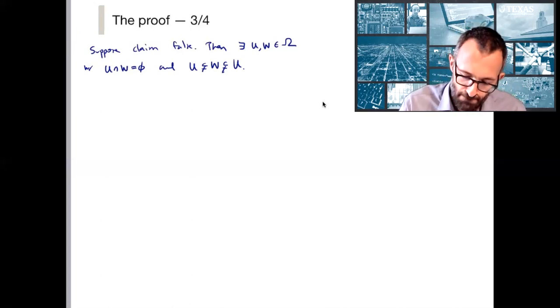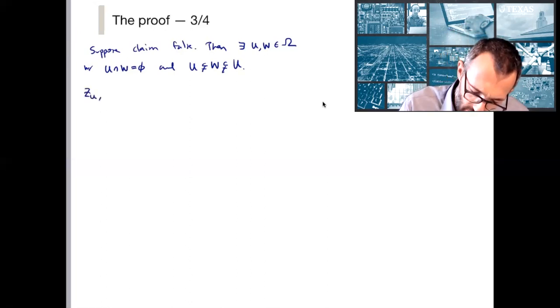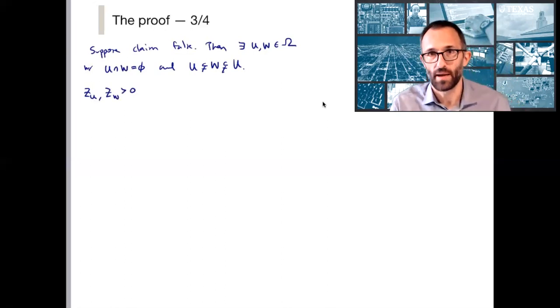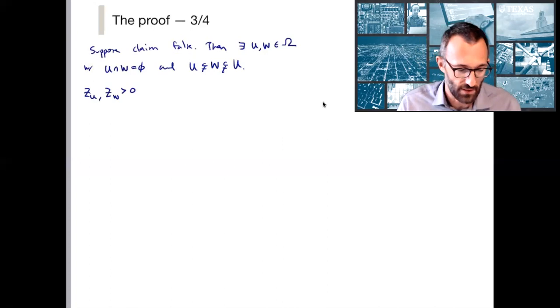So let's go back to complementary slackness. ZU and ZW are strictly positive. This is by assumption. This is why U and W get to be part of omega. Omega is a support set. Now, what are the z variables?